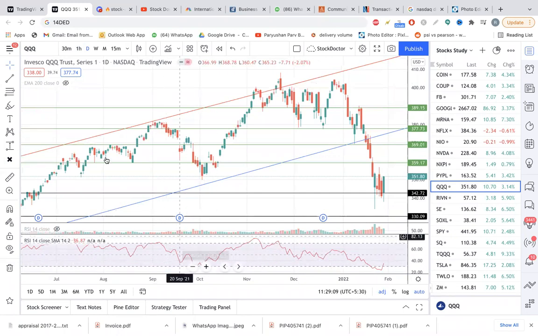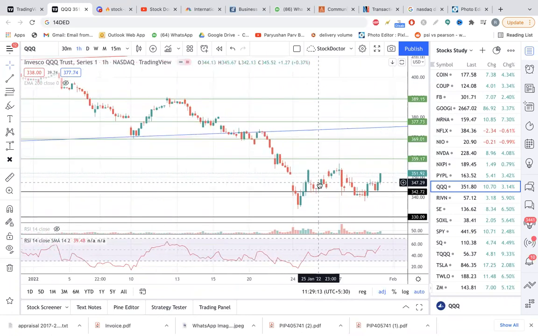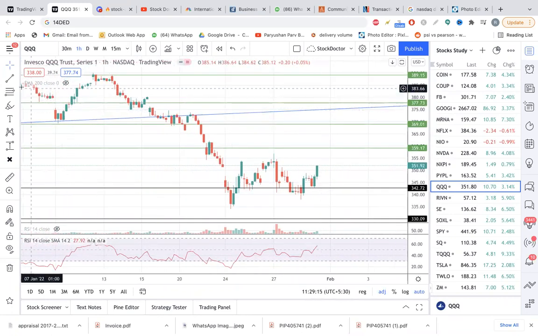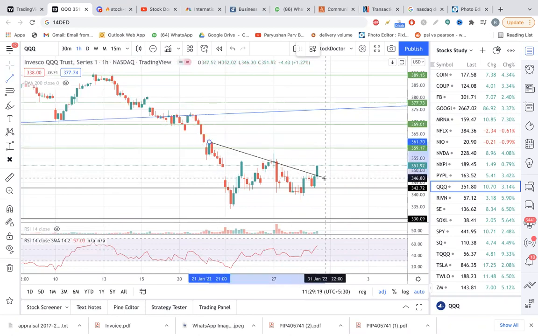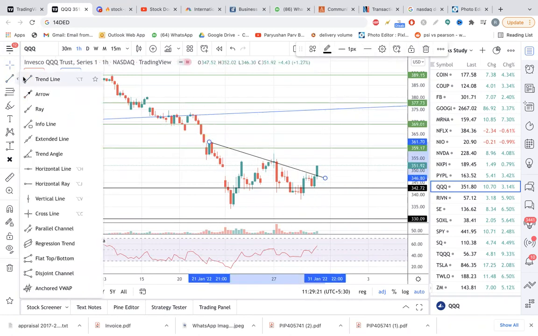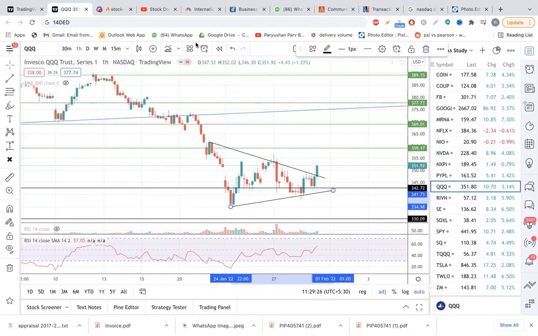As we are predicting that the market can give a bounce in this coming week, right? Then this stock might also give a bounce in the coming week, and the bounce can be from here. You can see this has also given a trend line breakout on the hourly chart.